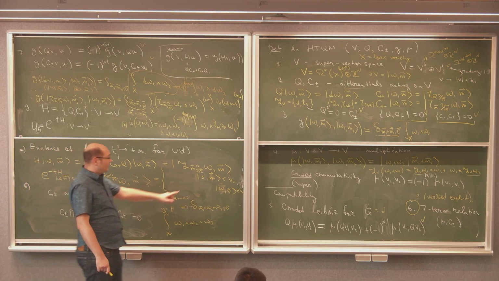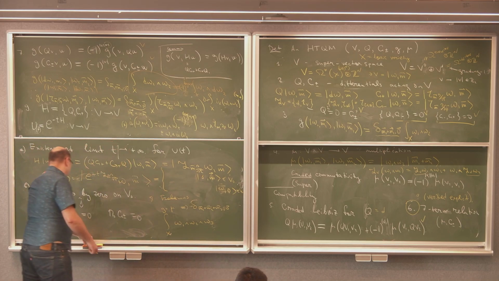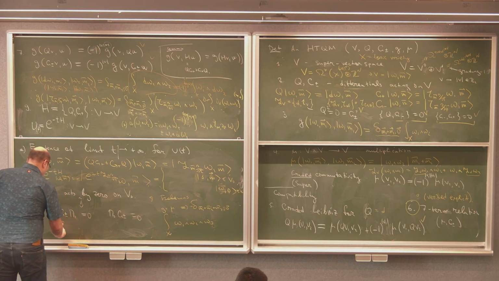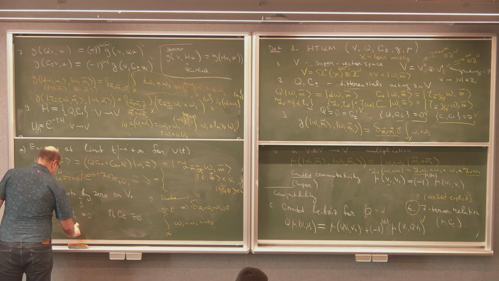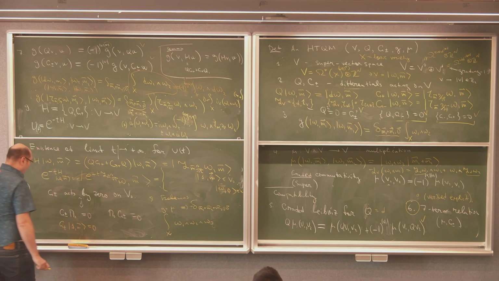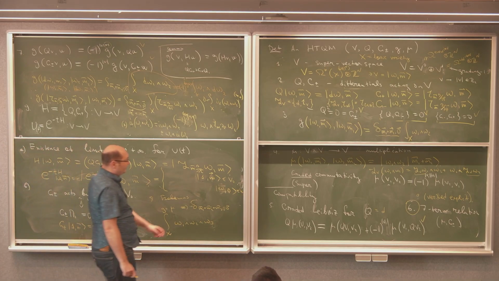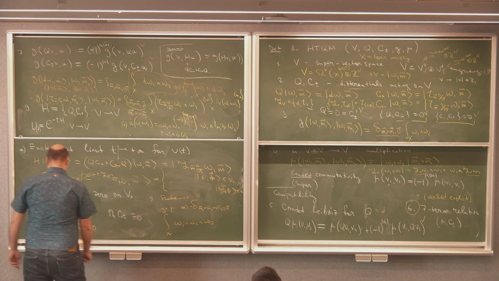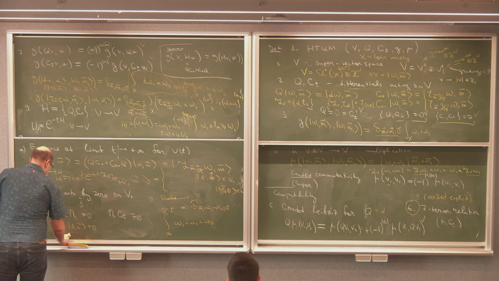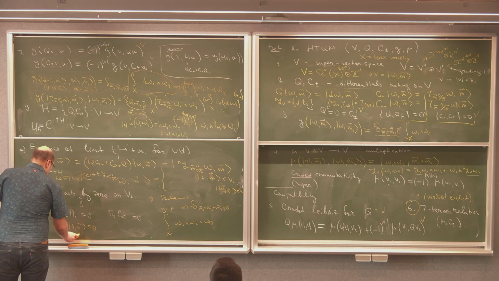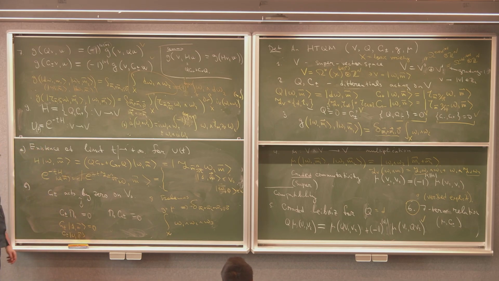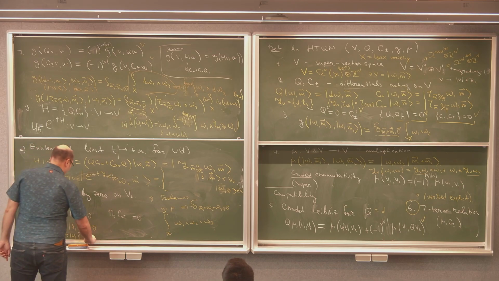Therefore G plus minus acting on these states is automatically 0. And similarly G plus minus acting on these states is 0, because we are trying to substitute a 0 vector field into something.